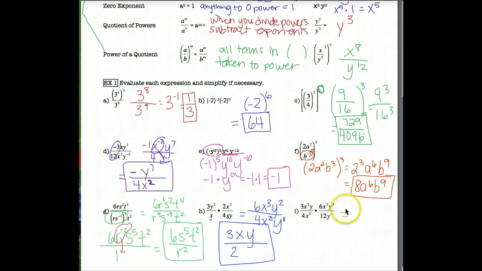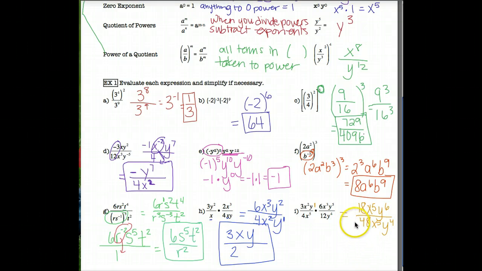So 3 times 6 is 18. x squared times x cubed, you add the exponents, so that's going to give you x to the 5th. y to the first times y to the 5th, that's going to give me y to the 6th. And then bottom times bottom, 4 times 12 is 48. Then these don't have any like variables, so just go ahead and bring them both over as they are.